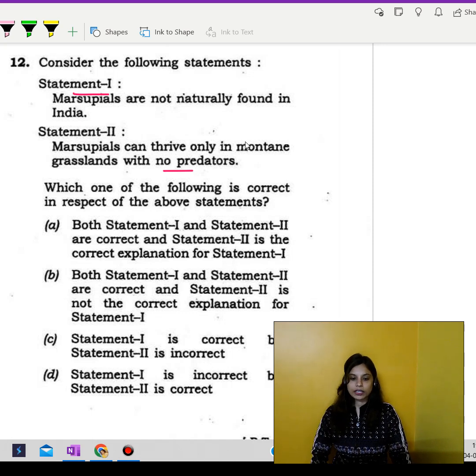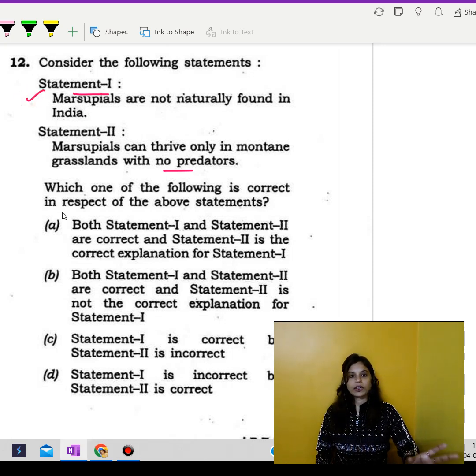You all have seen kangaroos similar to that. The most familiar marsupial is obviously the kangaroo. So, marsupials are considered to be native to Australia. They are not naturally found in India. So, hence, statement 1 is obviously correct.